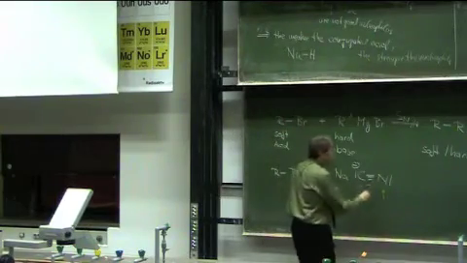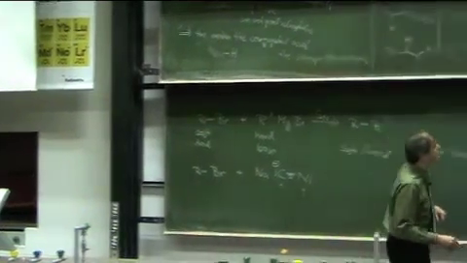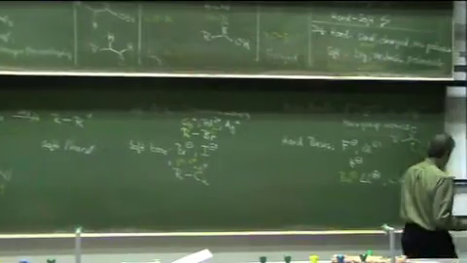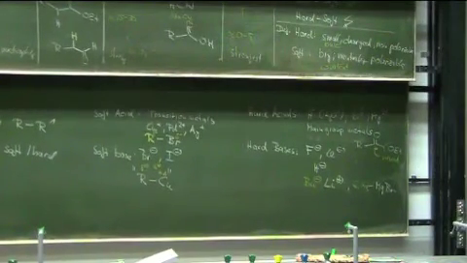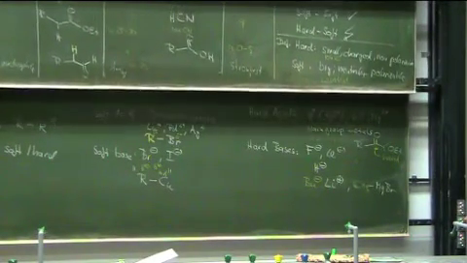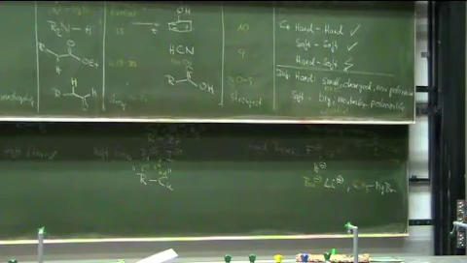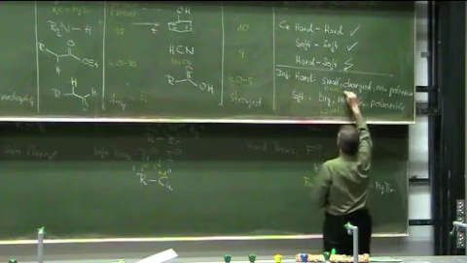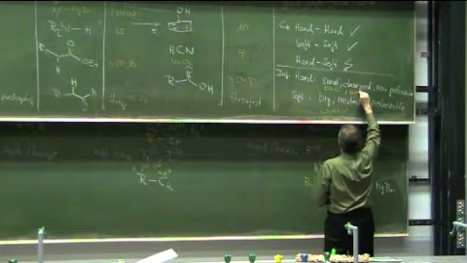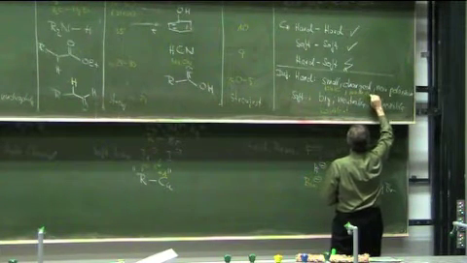So usually, again here, you see we have more rules of thumb. So ionic, and let's say here more electronegative elements.